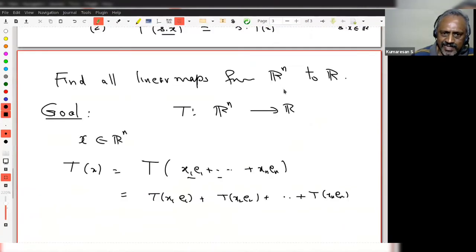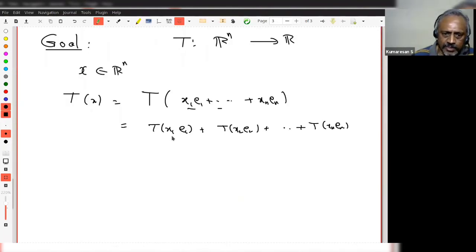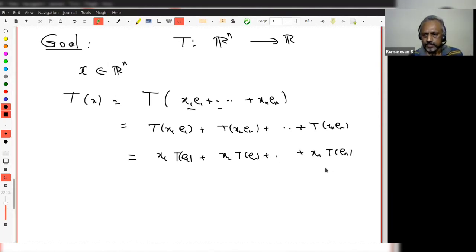Now let's look at the second condition. T of a scalar multiple of x, the scalar comes out. So T of x1 E1 is the same as x1 T of E1 plus x2 T of E2 plus xn T of En. How many of you understood this? Please say yes if you understood.